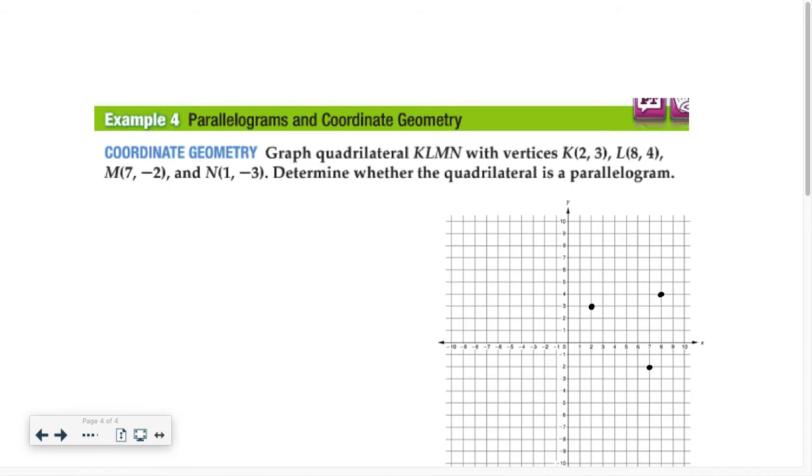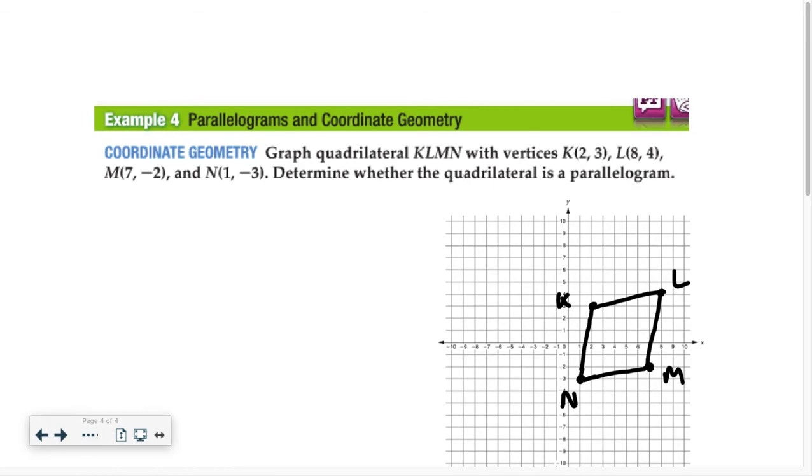And N, 1, negative 3. You're going to have to kind of excuse my drawing, on this board is pretty tough. So that's our points, K, L, M, and N. And we want to determine if this thing is a parallelogram.